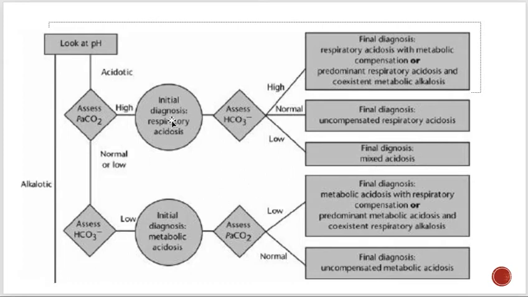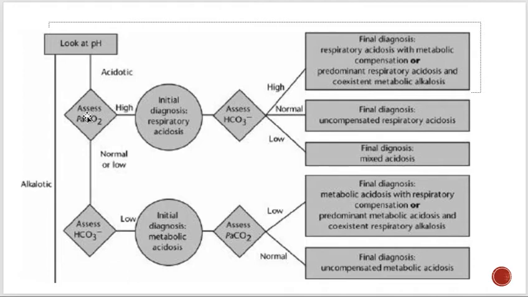Respiratory acidosis. Let me explain this. Look at pH, look at carbon dioxide. If it is high, the initial diagnosis is respiratory acidosis. Remember this, guys. Now when the carbon dioxide is high, what will the body do? Simply, the body is going to add more and more bicarbonate.